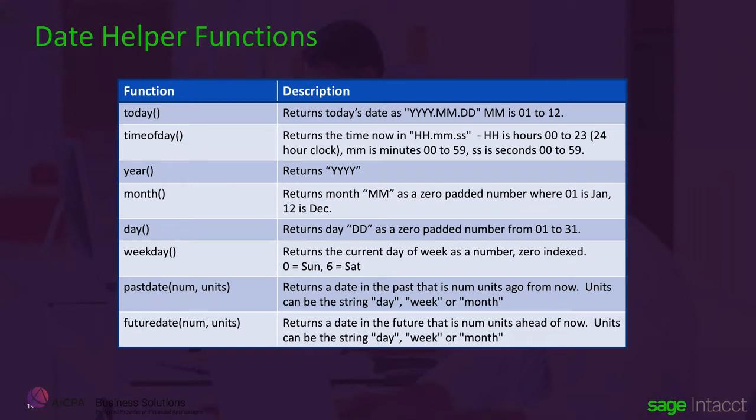So you could put these date helper functions in place to make sure that nobody fat fingers and keys an incorrect date. Also, I would think very helpful at the beginning of the year to help you make sure that you're getting transactions in the right period.